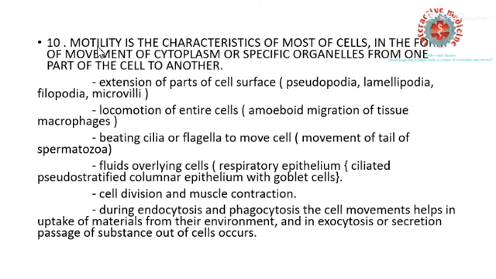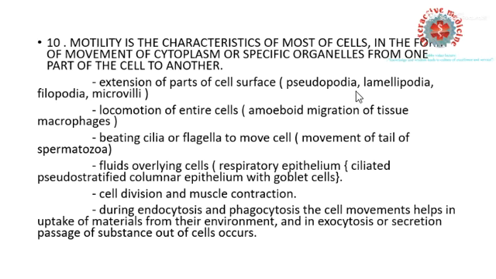The 10th feature is the motility. Motility is the characteristic of most of cells in the form of movement of cytoplasm or specific organelles from one part of the cell to another.